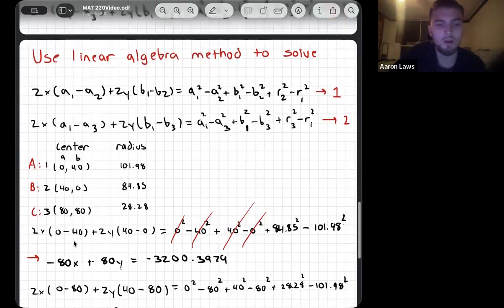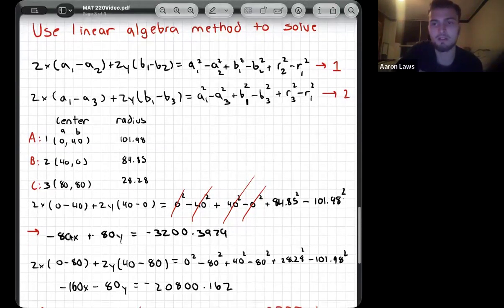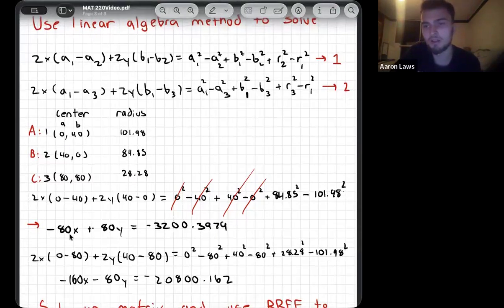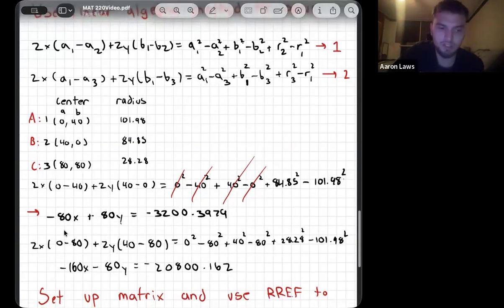The method I chose to use here was to simplify all of my expressions by plugging in the values where they go. You can see the first equation simplifies down to negative 80x plus 80y equals negative 3200.3979. And then I do the same thing for the next equation.